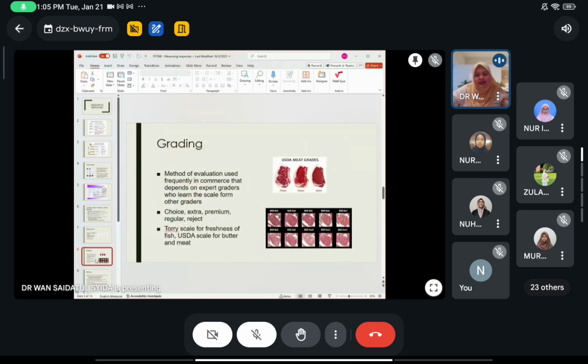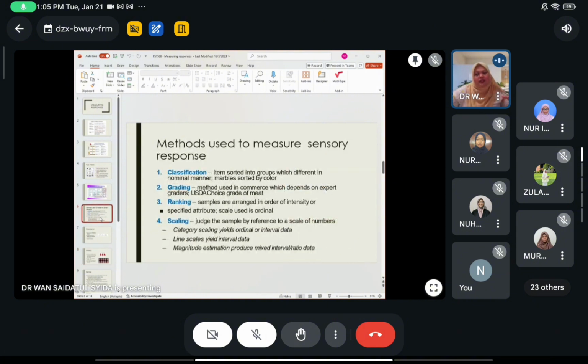If you are grading premium raw material, whether it is eggs, wine, meat, fish, butter, we have to use grading. The question will not be straightforward. It will give you an application approach, it will give you a situation. So you have to match the situation with the method that you should use.